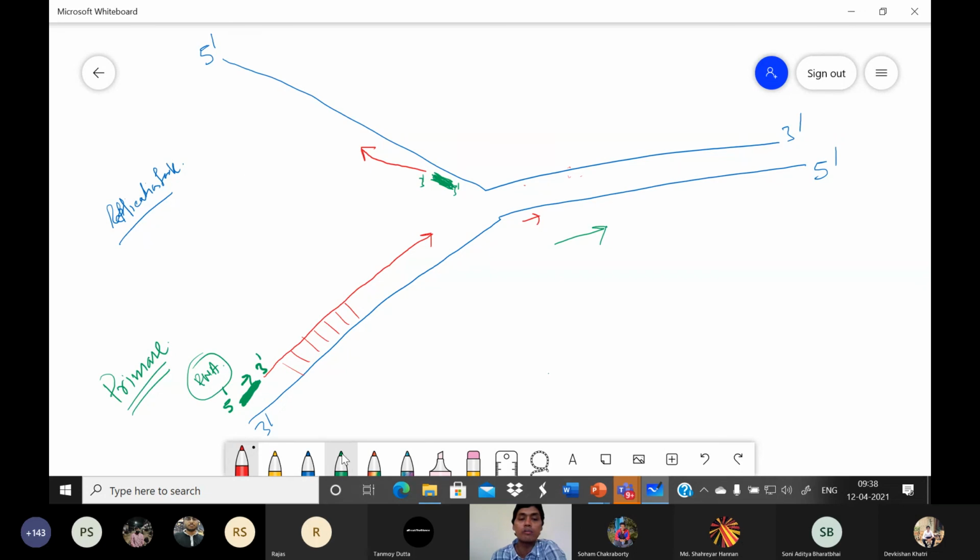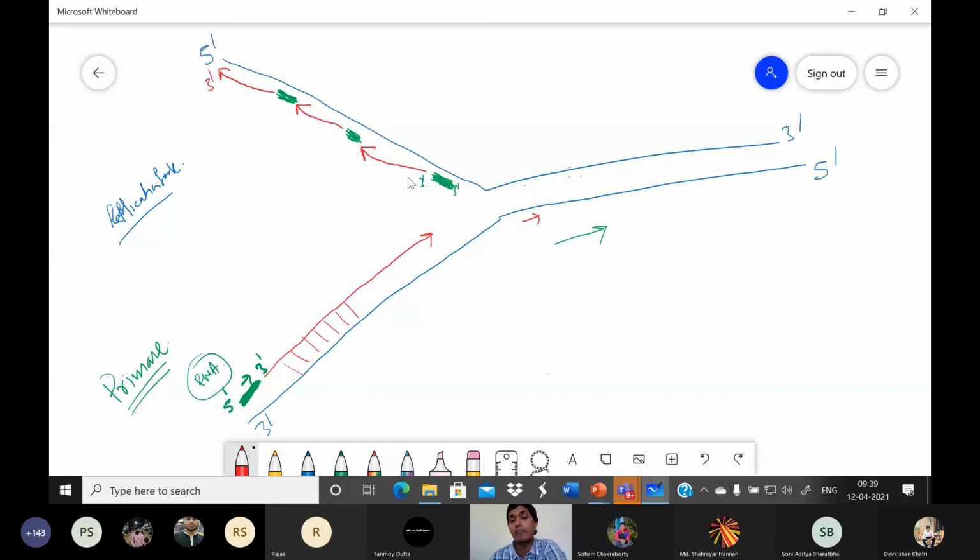When this fork was formed, initially it formed some small RNA primer here, and then DNA polymerase extended this. Then again another primer here, and again one DNA polymerase moved like this. So this is 3' and this is 5'. That way it is going. So the lagging strand is synthesized in small sections.